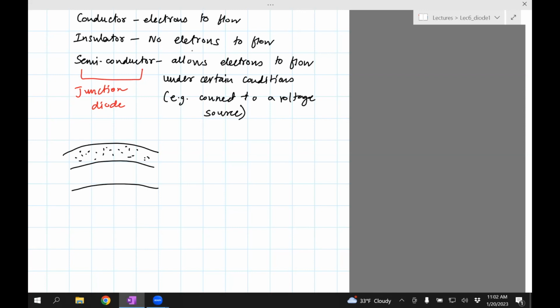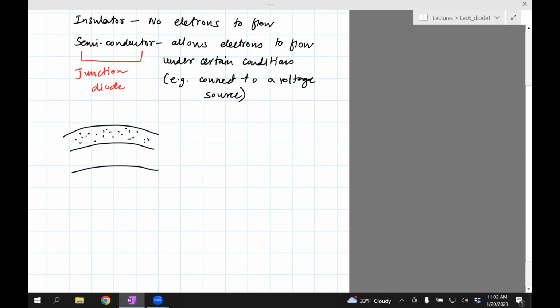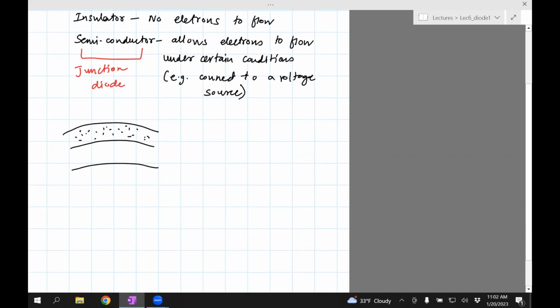That is what happens when you connect a conductor to a power source or voltage source. So the dots are the conductance band, and the other one is the valence band. And this is a conductor.